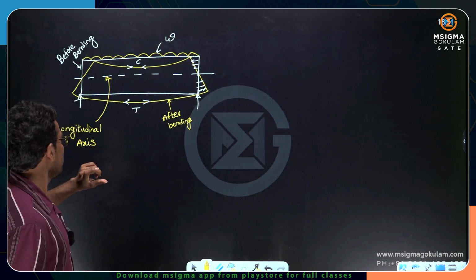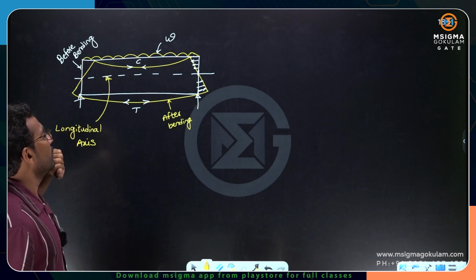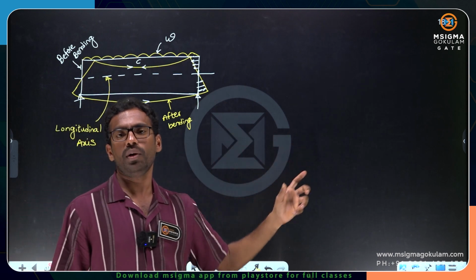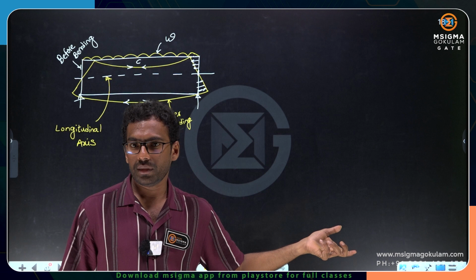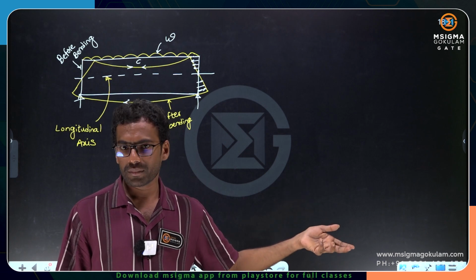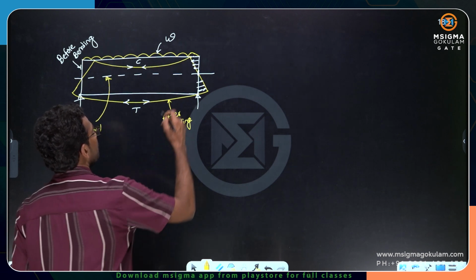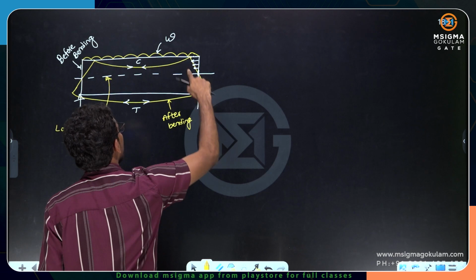Now dear friends, you understand that this particular variation is linear. There is a very important assumption given by Euler-Bernoulli. What Euler-Bernoulli said is that plane sections before bending remain plane.